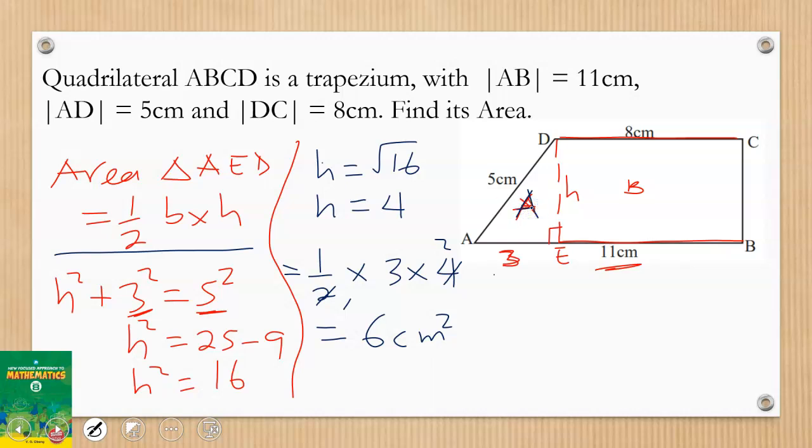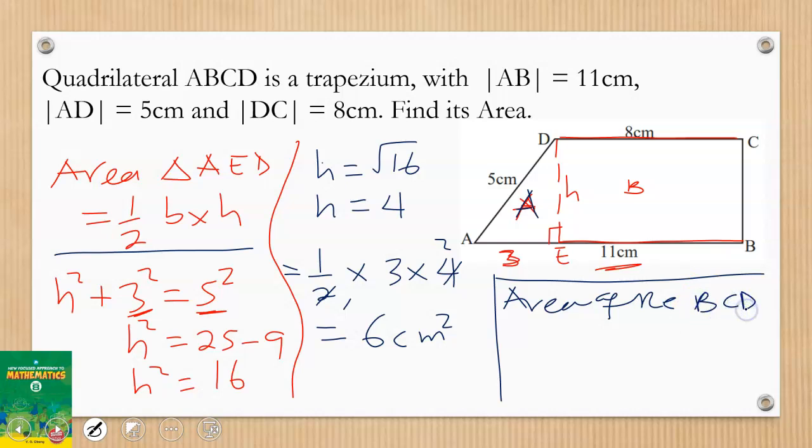Now to find the area of rectangle BCDE, it will be equal to length times width, and the length is 8 centimeters, and the width is the height, that is this one, which we got as 4.